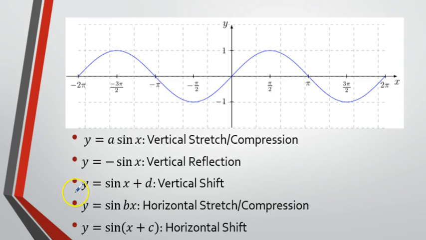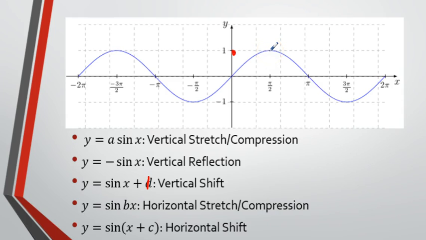For the next case, we're going to talk about a vertical shift, which is when you take the entire graph and you move it vertically either up or down. So for our example, let's just pretend that this said sine of x plus 1 for a second. So d is equal to 1 in this case. Then for each of the heights you have, for example, this is a y value of 0, I'm going to add 1 to it, which moves the graph up.